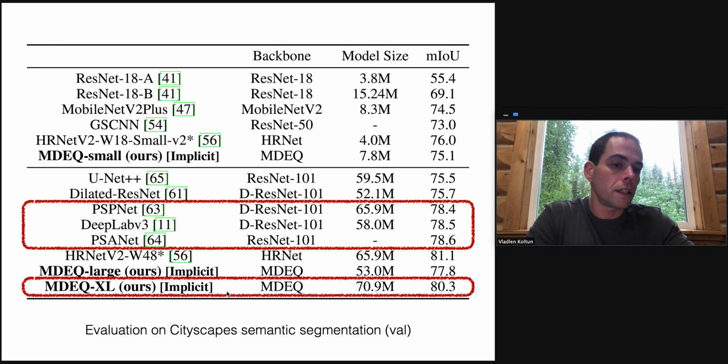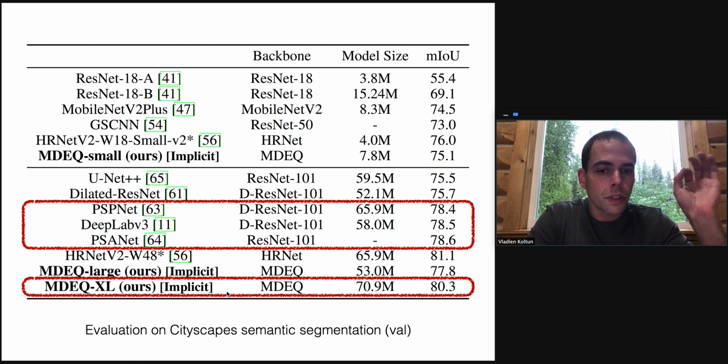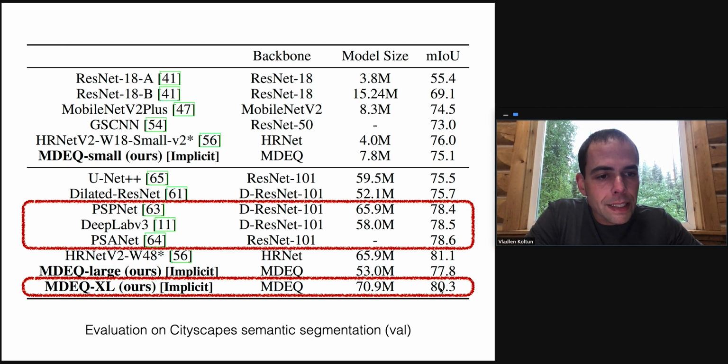It is a comparison in absolute numbers. And here we see that in absolute numbers, the Mdeck XL surpasses the 80% threshold in mean intersection over union, which is amazing because it's much stronger than very strong models that were developed only 2-3 years ago.